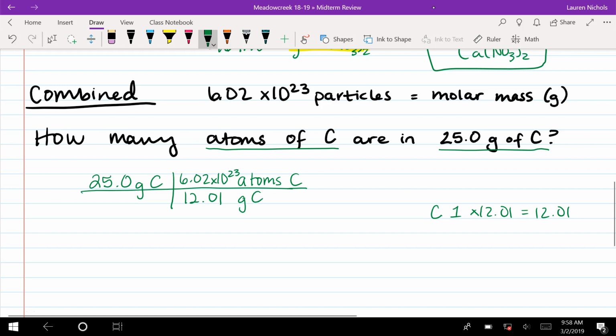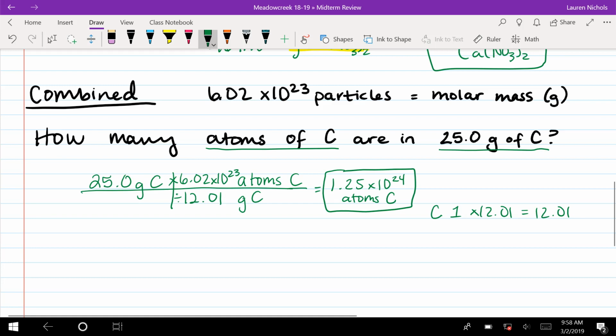And so when we do this problem, we know that we're going to multiply by Avogadro's number and divide by our molar mass, and we should get 1.25 times 10 to the 24 atoms of carbon.